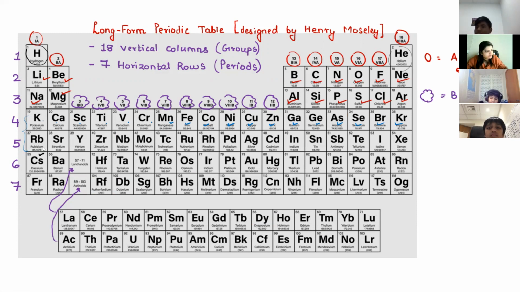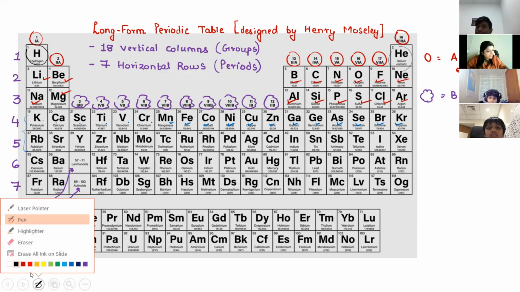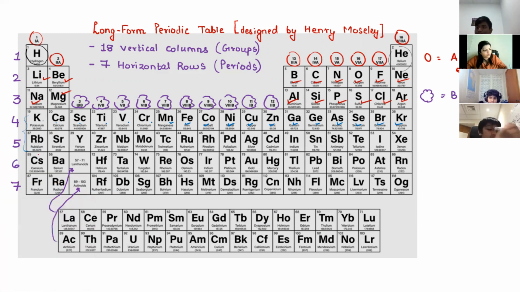I think there's 32. Yes. So 1, 2, 3, 4, 5, 6, 7, 8, 9, 10, 11, 12, 13, 14, 15, 16, 17. 17 in a row. And I told you that this extended part is this part. Over here it is 17, right?